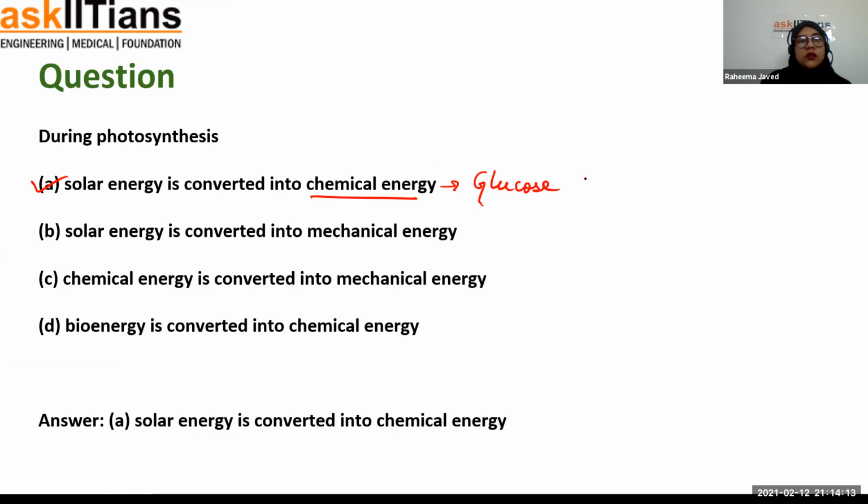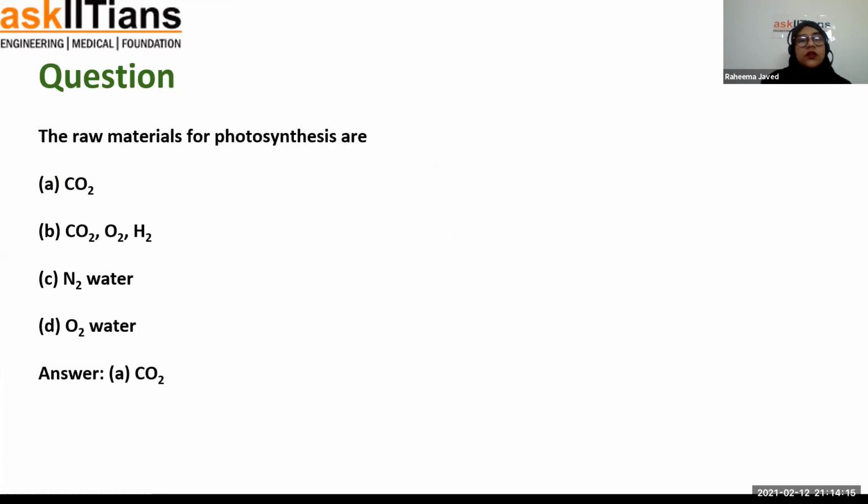Raw materials for photosynthesis are carbon dioxide, oxygen, hydrogen, nitrogen, water, oxygen, and water. So the correct answer among all the options, A is the correct answer, which includes carbon dioxide. This is the most important raw material for the process of photosynthesis.